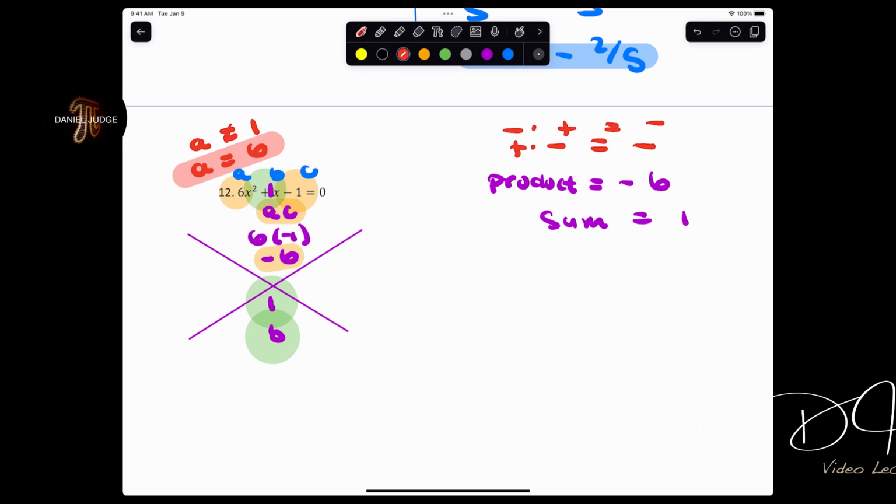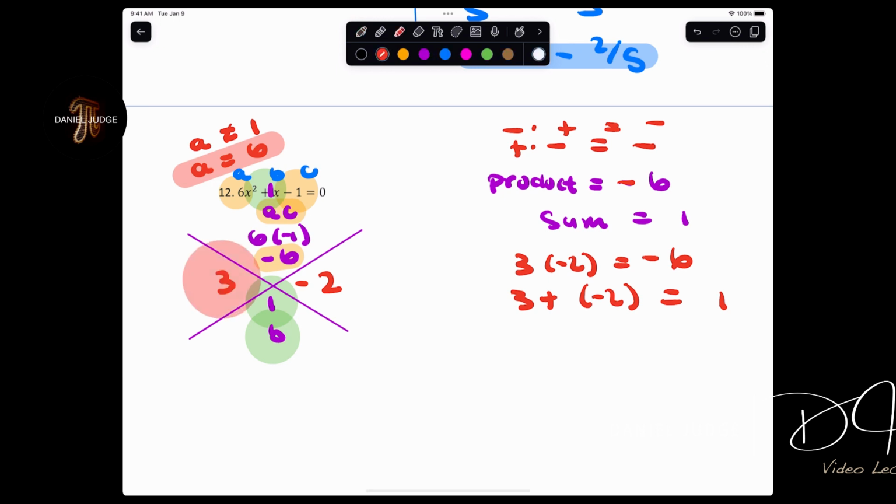Product is negative 6 here. Sum is positive. One of the numbers has to be negative. And I think 3 and negative 2 might work. Because 3 times negative 2 is negative 6, but 3 plus negative 2 is positive 1. So looks like I found the numbers here. Okay, good. 3 and negative 2.